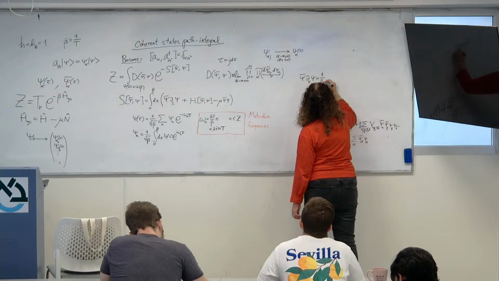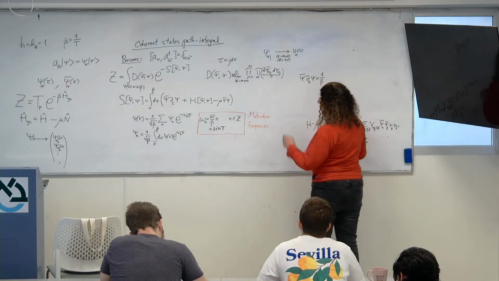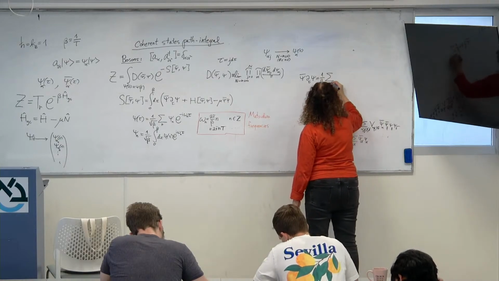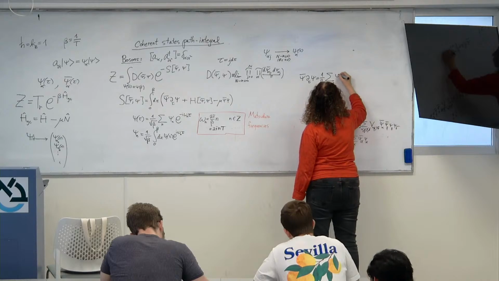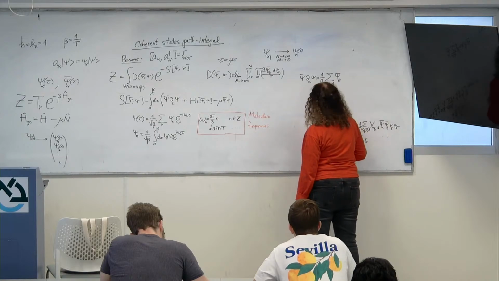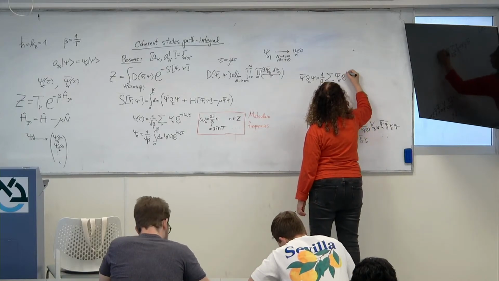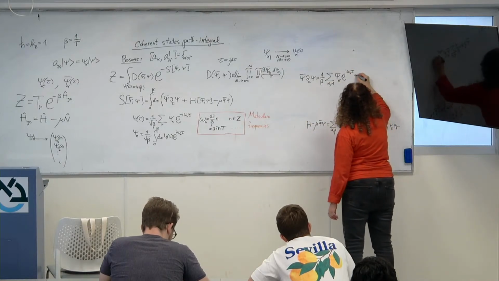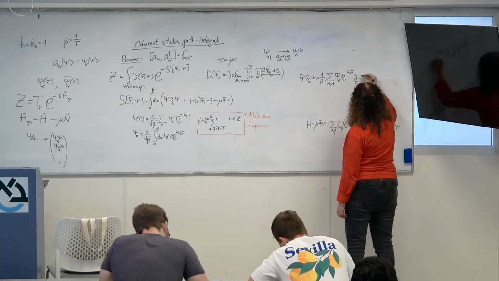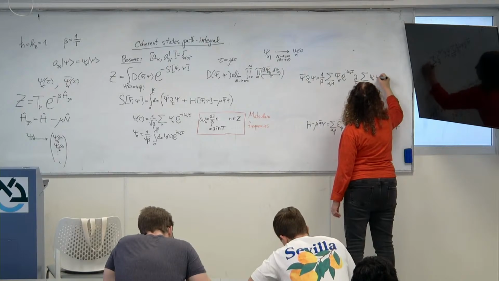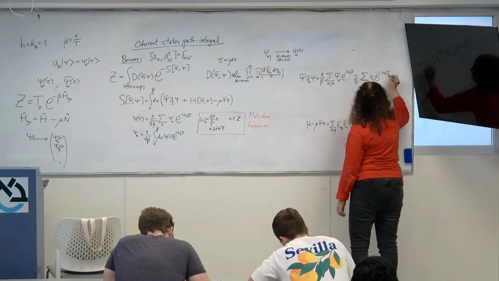You get 1 over beta, and then there is a double sum over n and n prime. First you have the expansion for psi bar, psi bar n prime e to the i omega n prime tau. And then I have a time derivative of a sum over n, psi n e to the minus i omega n tau, right?